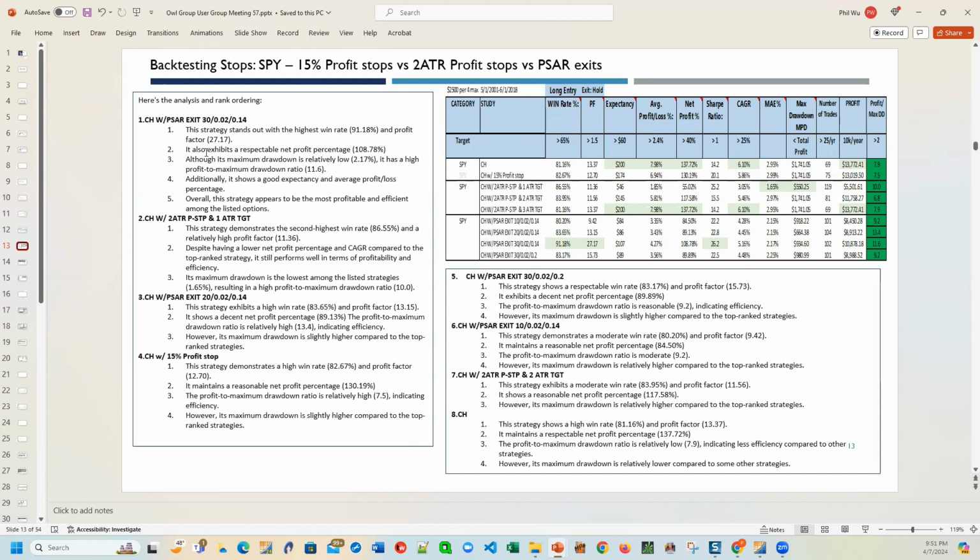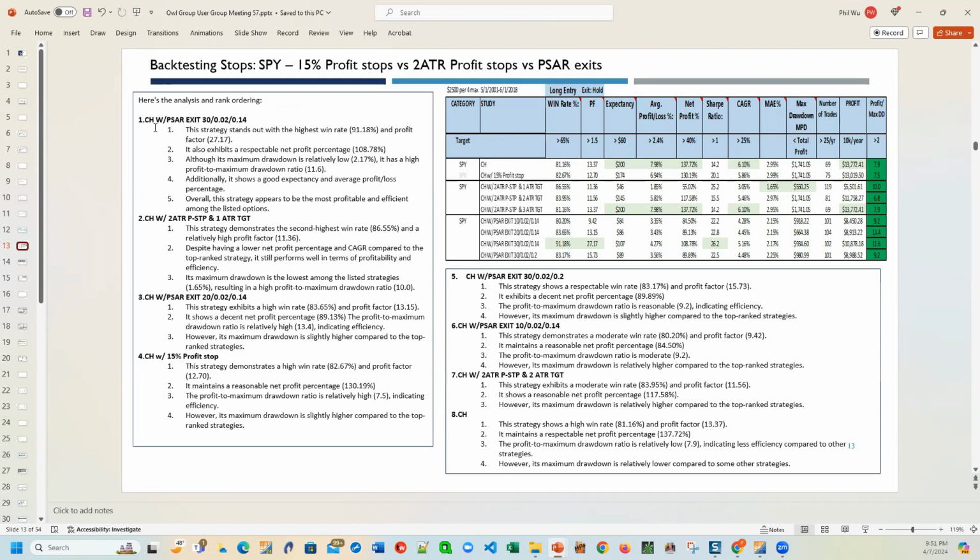Then I asked it to rank order, based on just the data, all of these.